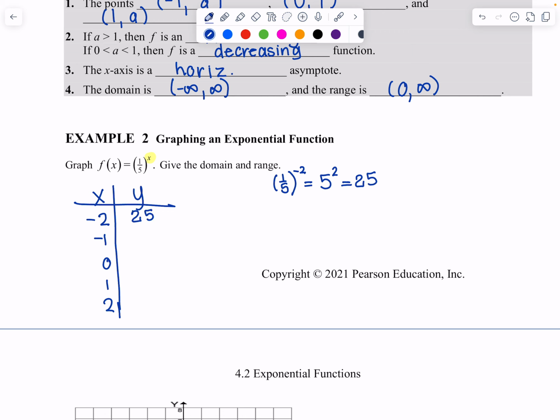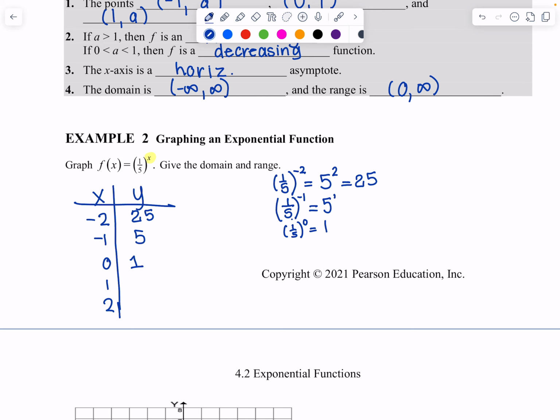The next one is -1. Look, 1/5 to the -1. Remember I said flip it to make it a positive exponent. So when I flip this number, that becomes 5, and it becomes positive. So that's just 5, right? The next thing, 0: anything raised to the 0 power is always 1.